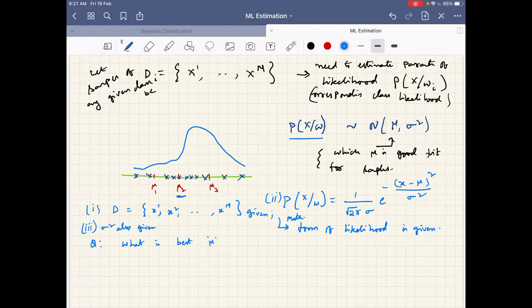For now, the question is, what is the best mu that fits or agrees with all of D, for the given P of x given omega and sigma square anyway?